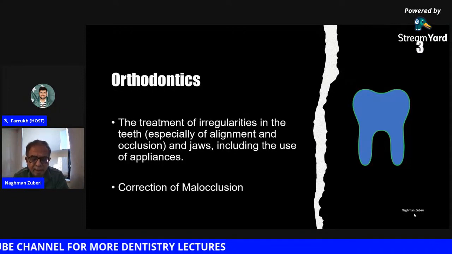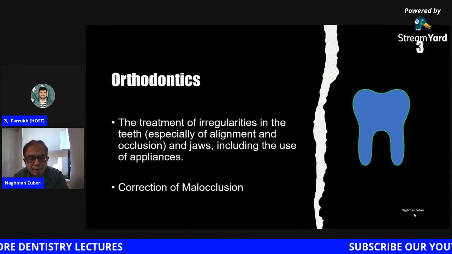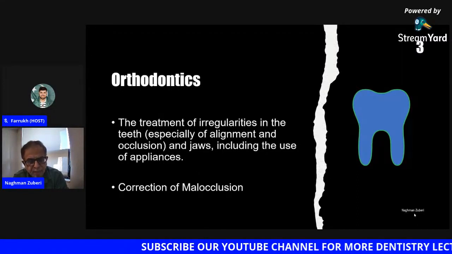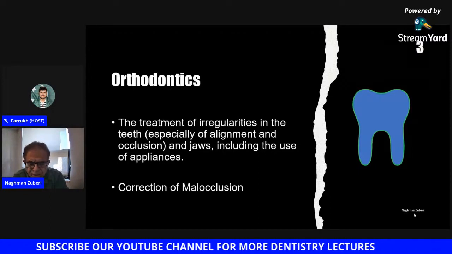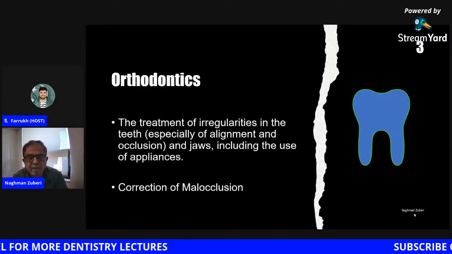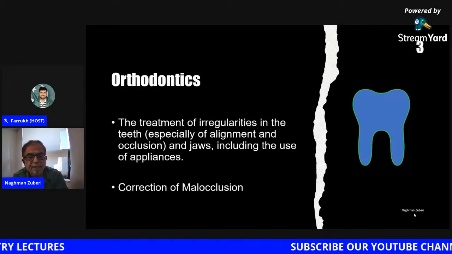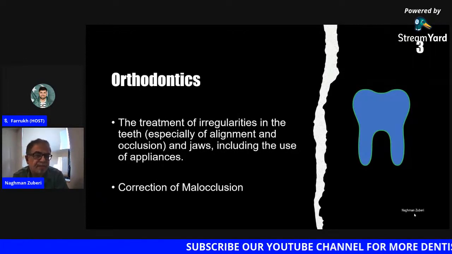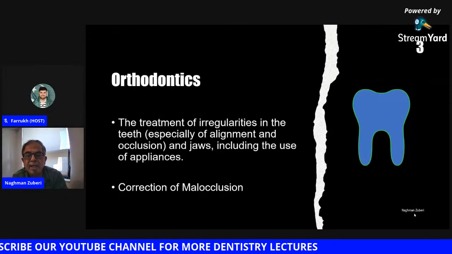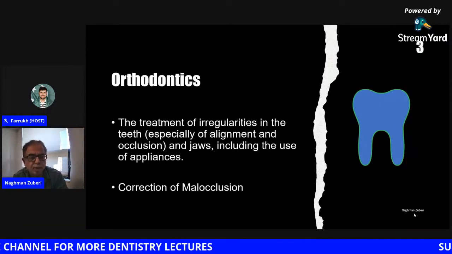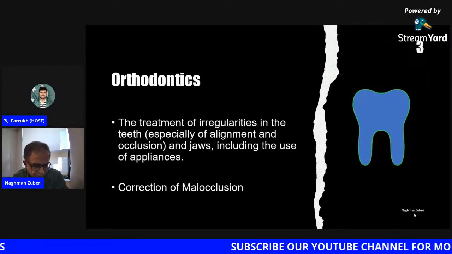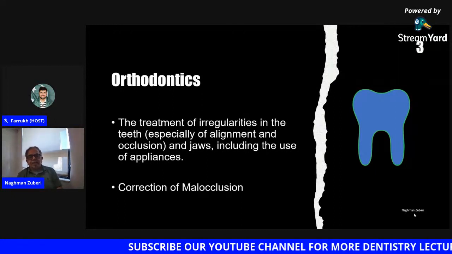Well, even the discrepancies present not only in the teeth but in the jaws as well, upper and lower jaw, with each other as well as in reference to the base of the skull. And definitely, we utilize certain appliances to achieve this objective, that is, alignment of the teeth, alignment of the jaws, and having a proper occlusion. So basically, it is correction of the malocclusion.